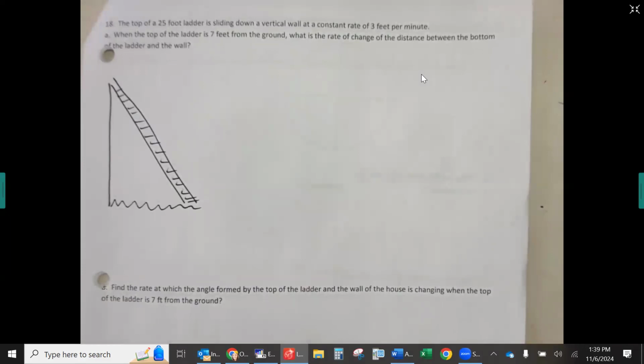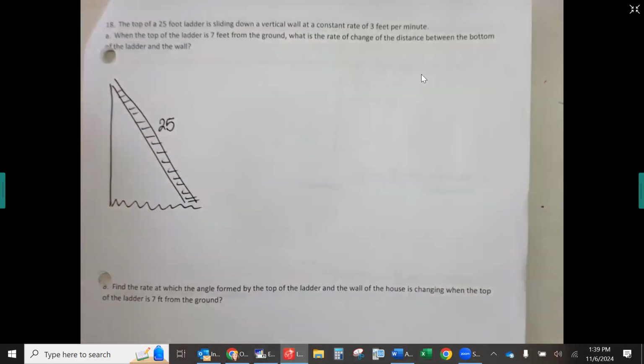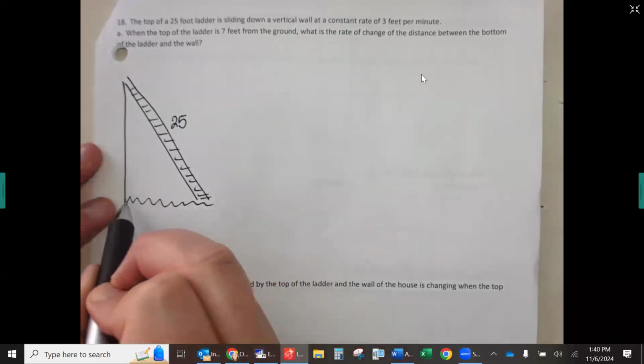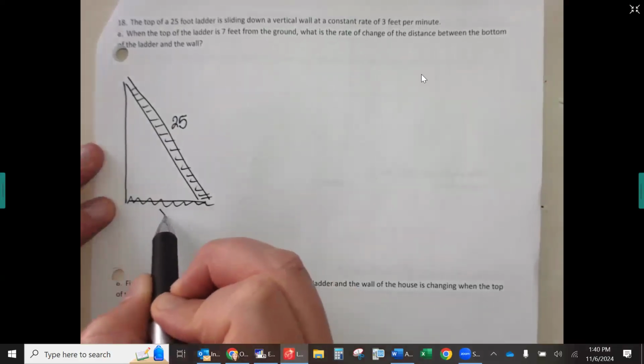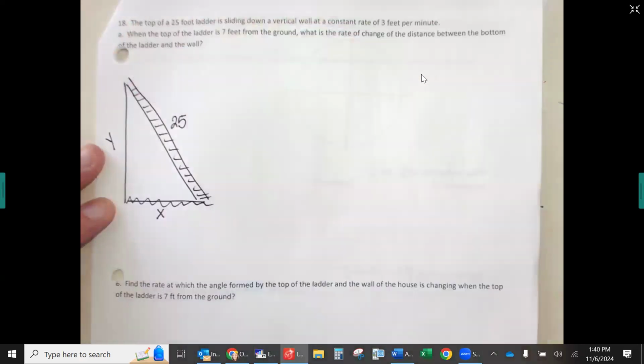What is not changing? How long the ladder is. How long is it? Then I can put a 25 here. And I don't have to pick like L for ladder because that's a fixed distance. However, how far away the ladder hits on the ground, that's a variable. So I'm going to call it X. Then on this side, I'll call it Y.